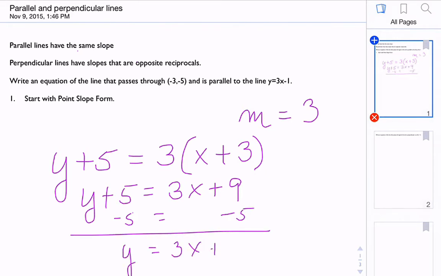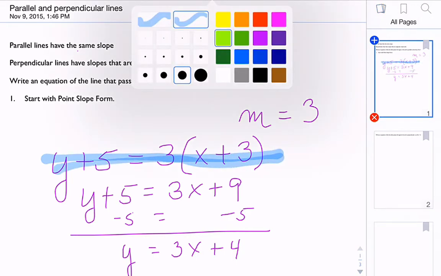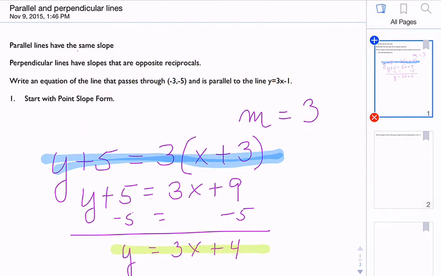And now I have it in y-intercept form. So this is in point slope form, and this one is in y-intercept form. And from there, I could even put it into standard form by moving the 3x over to the other side. I'll leave that for you to do.